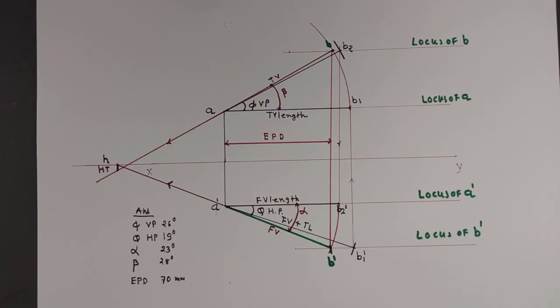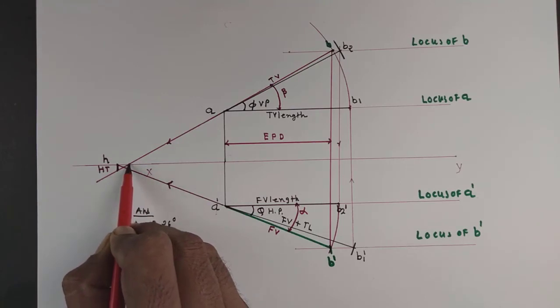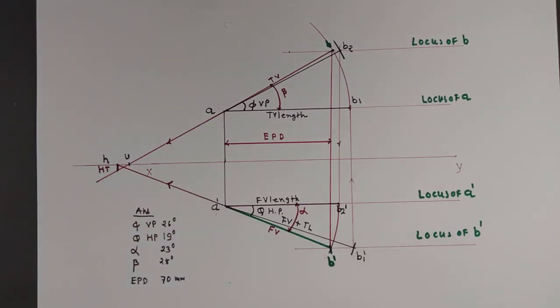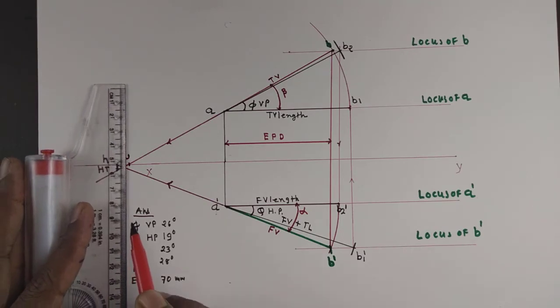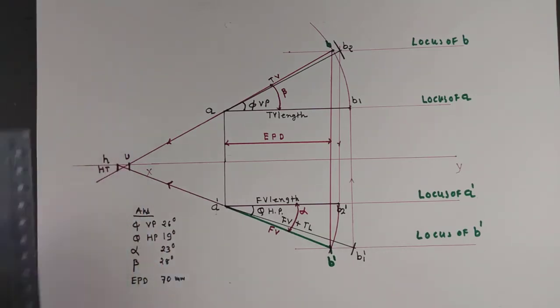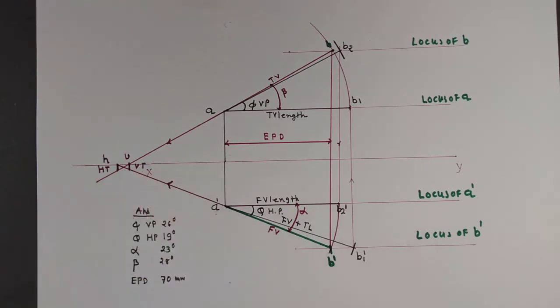Similarly, where the plan intersects the XY line, it is our V point. From the V point, you draw the perpendicular line on your elevation. This vertical dimension is called the VT. So it is a concept for horizontal trace and vertical trace in our projection of line.